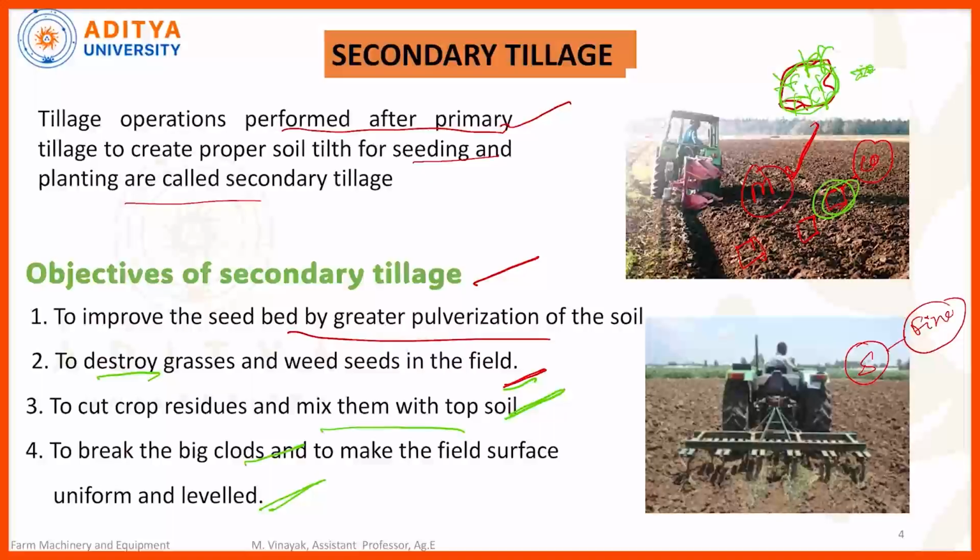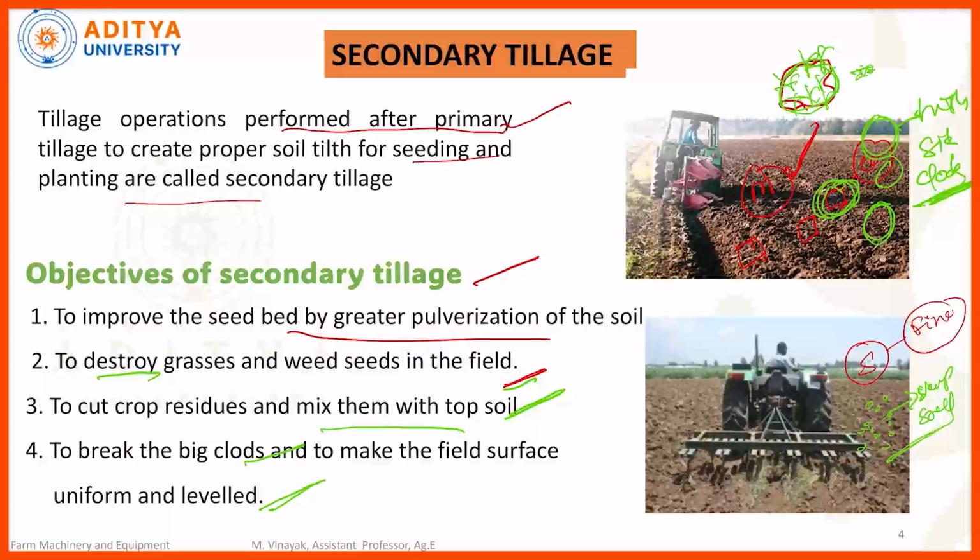After completion of the primary tillage operation, the clod size is very high, like this, over the field. By operating the secondary tillage, this clod size can be reduced to this size like this. Here the clod size is very large in nature, here very small.